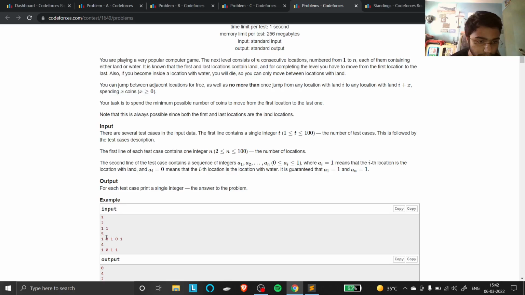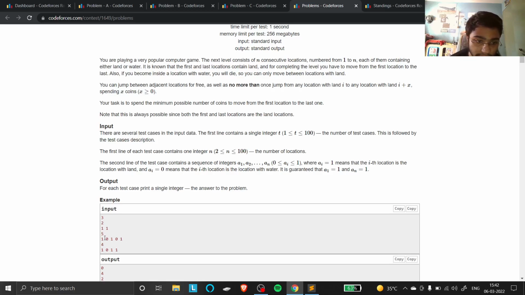I can jump freely between adjacent locations, as well as no more than once jump from any location with land i to any location with land i plus x.